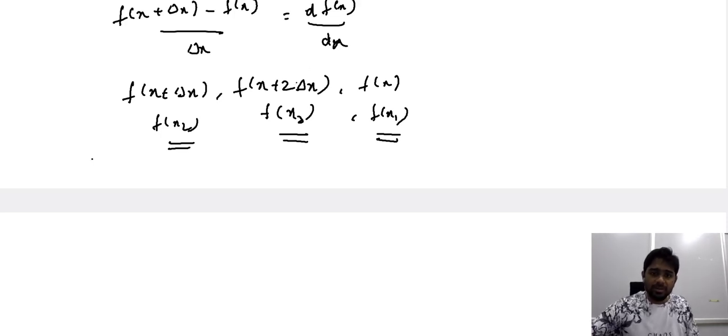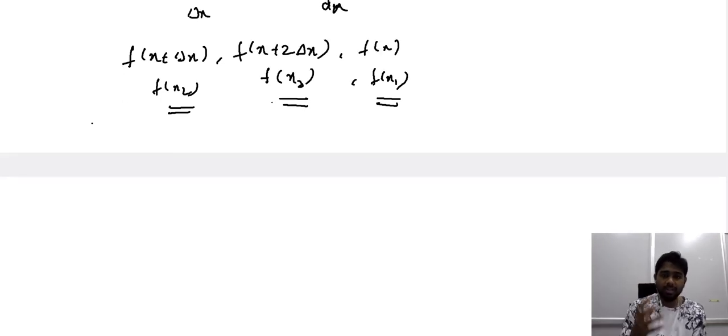Now, similar to how we determined the error associated with the forward difference scheme, let us Taylor expand each of these individual terms.